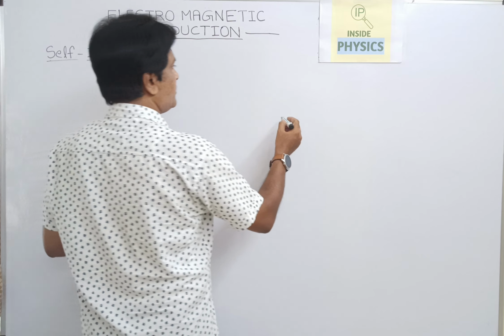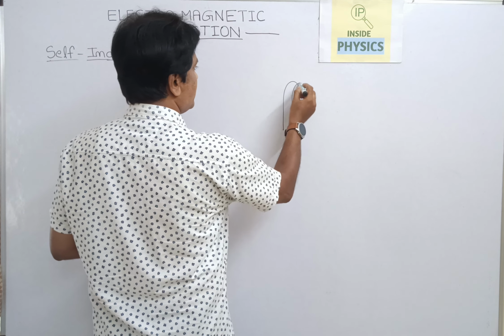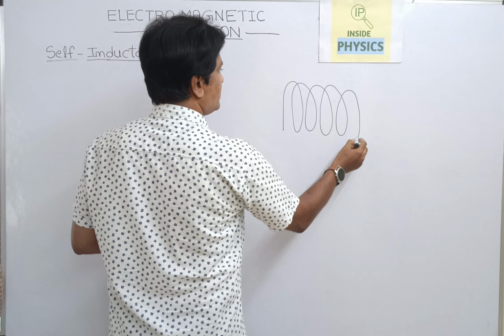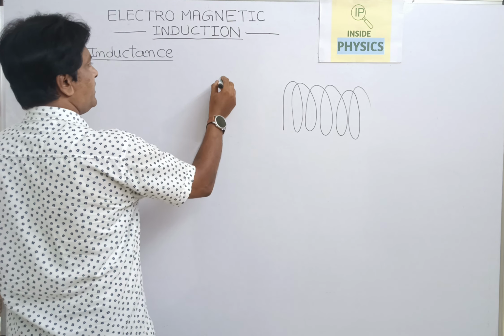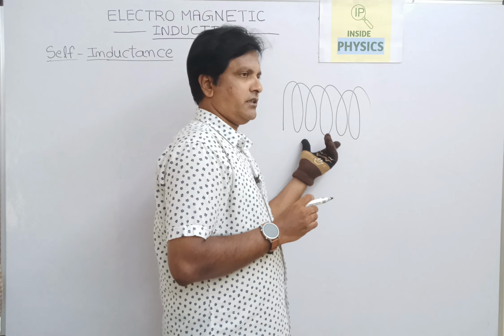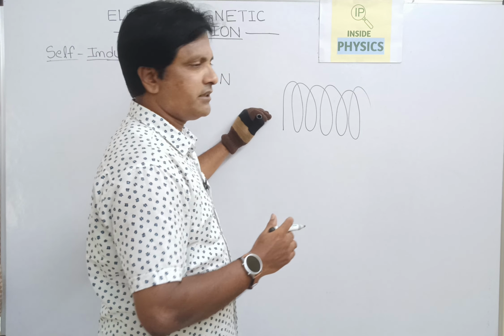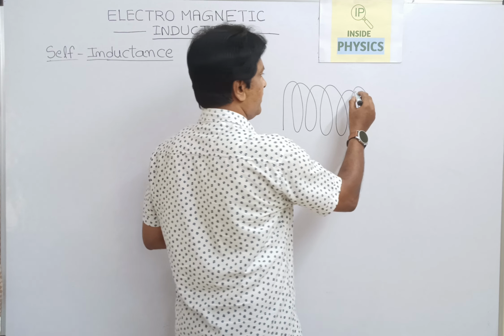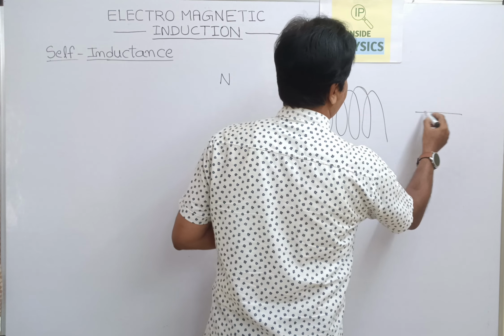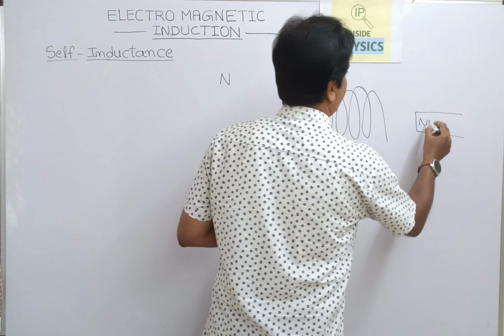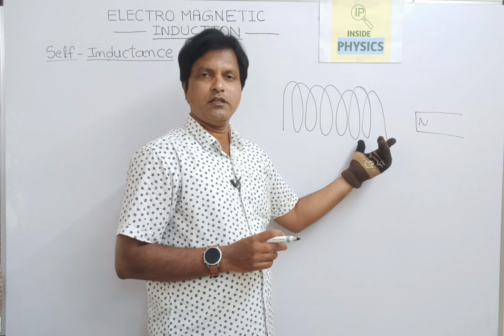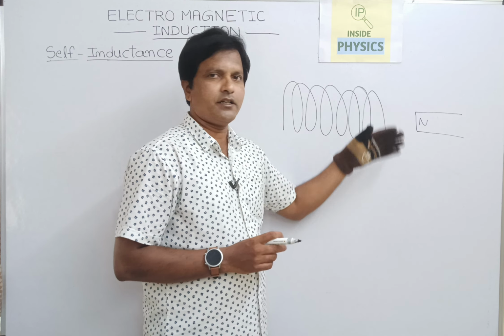If you take a solenoid of this shape, the total number of turns is represented by capital N. And if there is any magnetic flux varying around this coil or solenoid, if there is a magnet moving to and fro towards the coil to change the magnetic field around it.